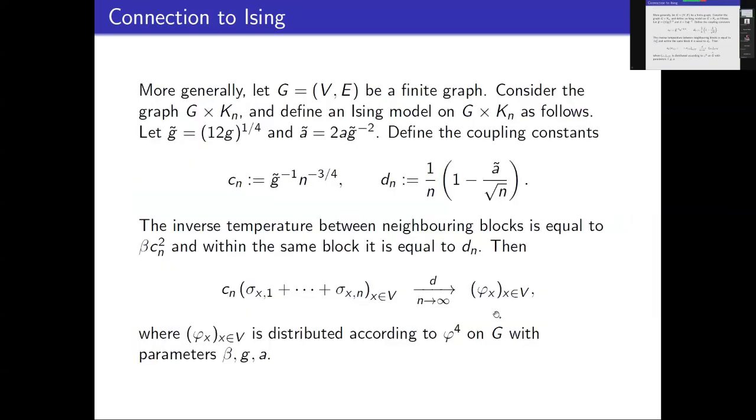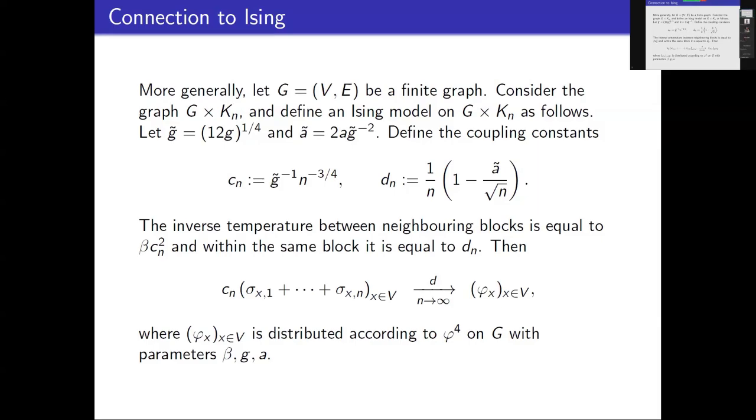And this is maybe the point where I would like to draw a picture, but maybe we'll just try to explain in words. Let's say that you want to approximate your phi-four model on a finite graph. Let's say that this is the graph, it's the square.